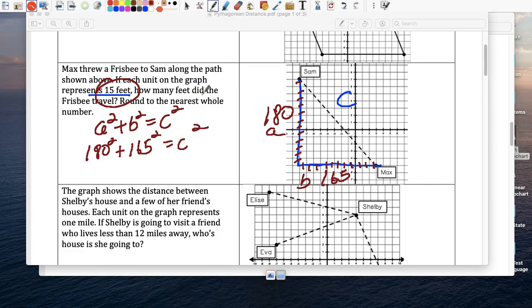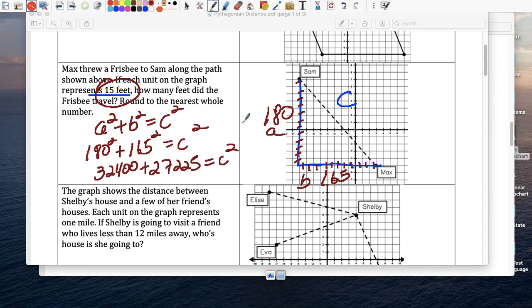So 180 to the second power is, wait a second, no, that's not right. 180 to the second power is 32,400. 165 to the second power is 27,225.